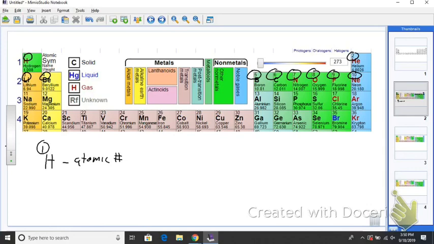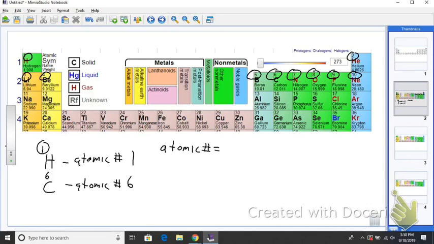So if you look at carbon, it has a 6 above it, and its atomic number would be 6. So what is the atomic number? The atomic number stands for the number of protons in the element's atom. And it's always going to be a whole number because it's a whole particle that we're talking about.